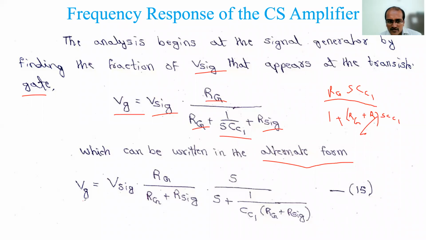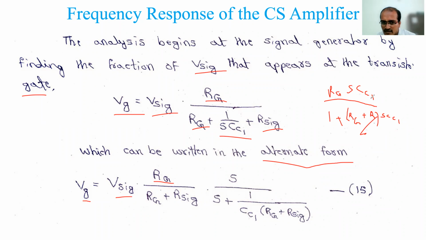So VG equal to V signal into RG. What I have done here is, both numerator and denominator I have divided by CC1.